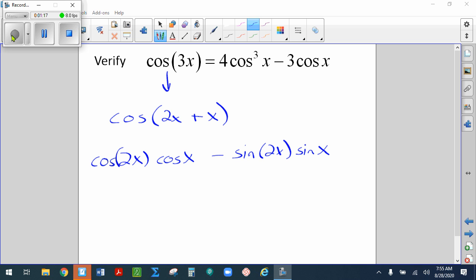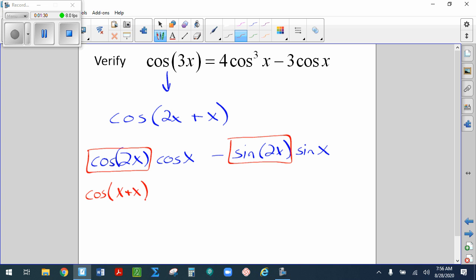And then what we see is we can do this again. We have cosine 2x here. We have a sine 2x here. And so I could rewrite those as cosine parentheses x plus x, cosine x minus sine parentheses x plus x times sine x.